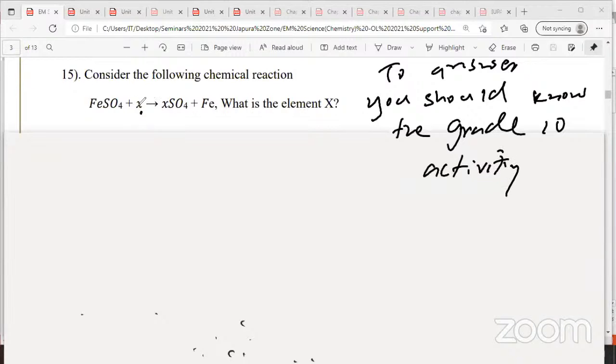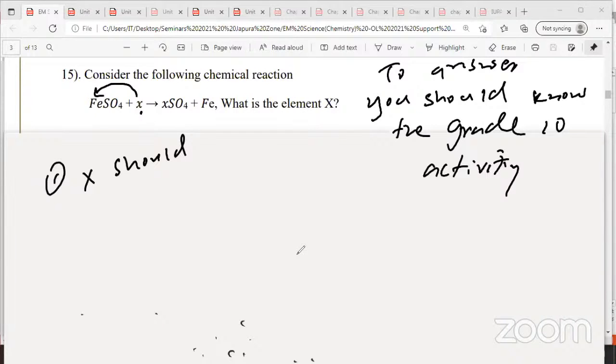You should know who is above. X should be above or below? To displace iron, the first condition is that X should be more reactive than iron. For this reaction to happen, X has to come and displace iron out.